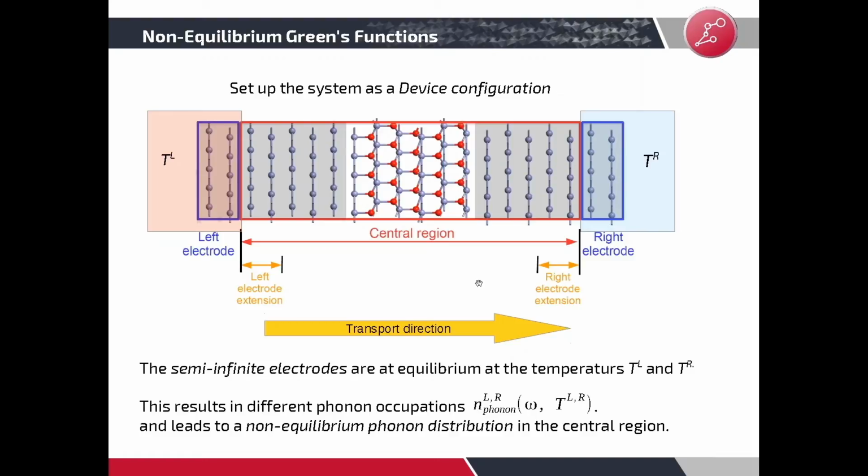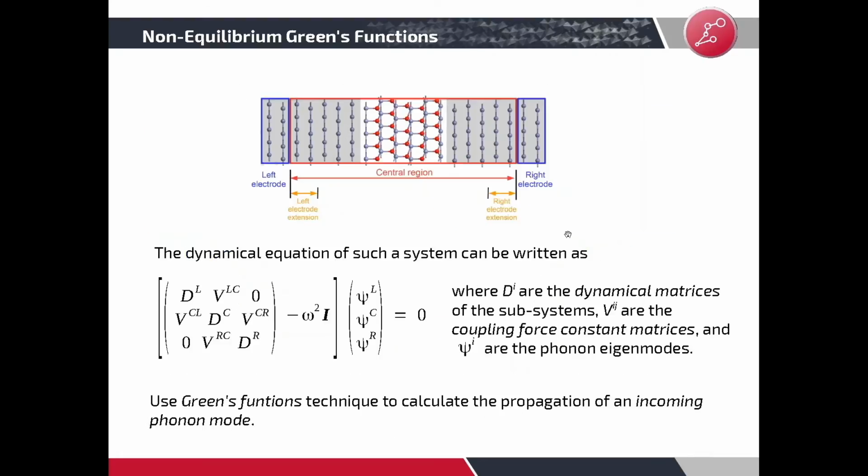So if we want to calculate such a system, we can write, so to say, the dynamic equation of this system, which can be considered kind of the equivalent of the Hamiltonian, and this looks something like the following. So you have a matrix, and on the diagonal of the matrix we have block matrices D, which are the dynamical matrices of the uncoupled subsystems. So the dynamical matrix of the left electrode, the dynamical matrix of the central region, and the dynamical matrix of the right electrode.